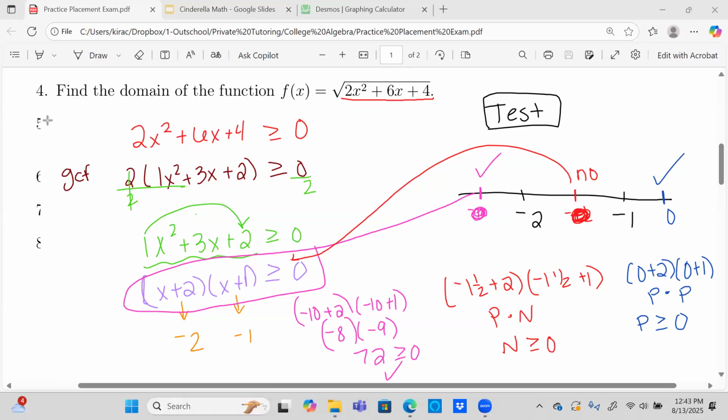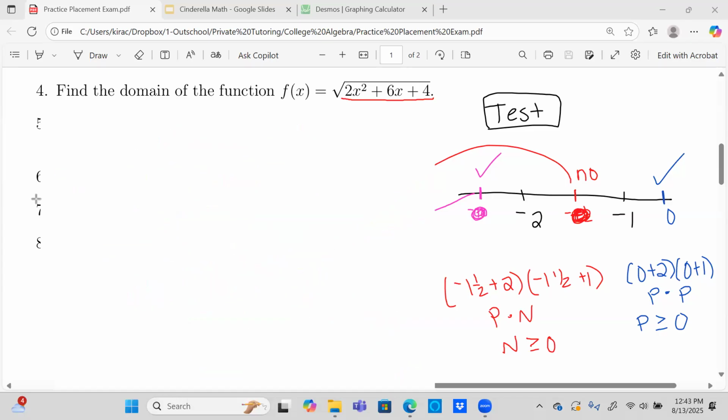So the domain of this function, the pink goes down forever because we could have picked anything smaller. So it goes -infinity until we hit -2, and you will do a hard bracket because we had equal. It was greater or equal. And the blue check, do the weird U symbol.